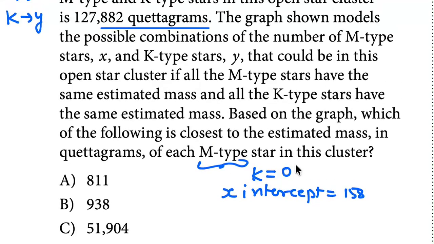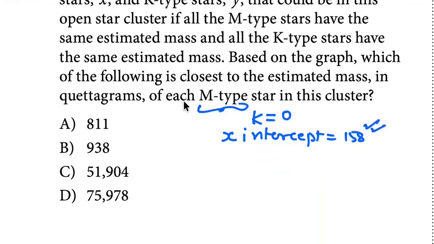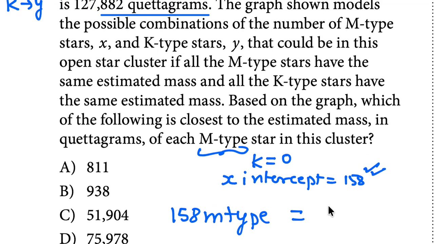Now, we have to answer the mass, not the number, right? From here, we can guess that 158 M stars have this much mass, because the total mass is this. So 158 M-type stars have a mass of 127,882 quettagrams.